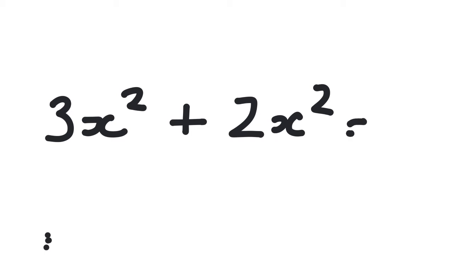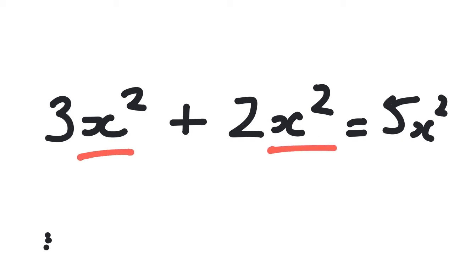We have 5. So our answer is going to be 5x squared. Again, the important thing, we have an x squared, we have an x squared, and then we just add the coefficients together. 3 plus 2 is 5.